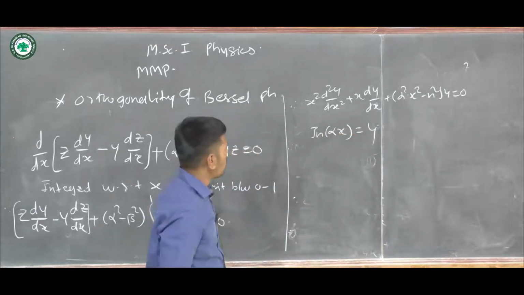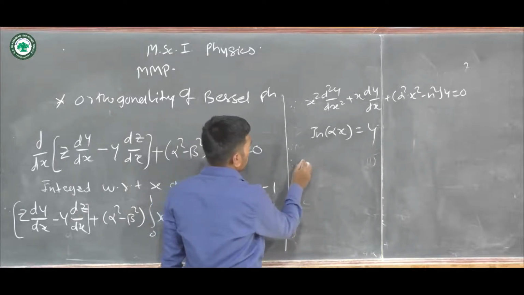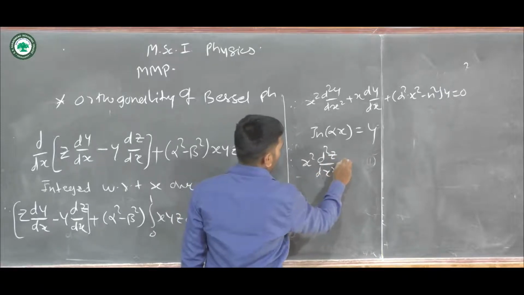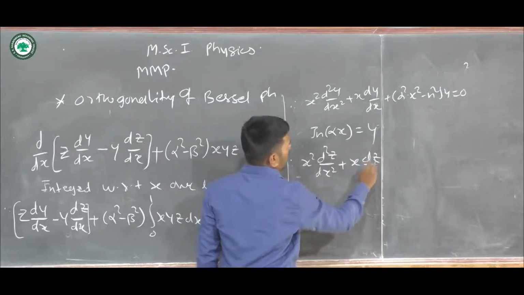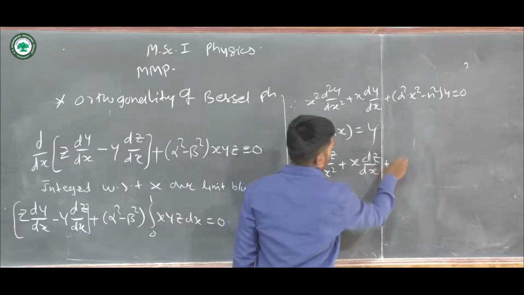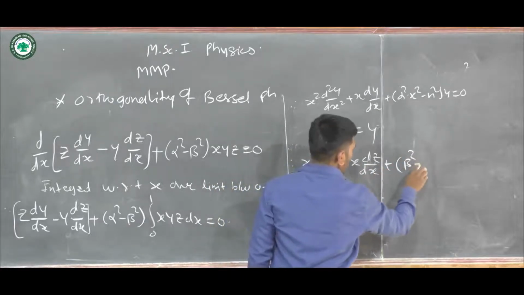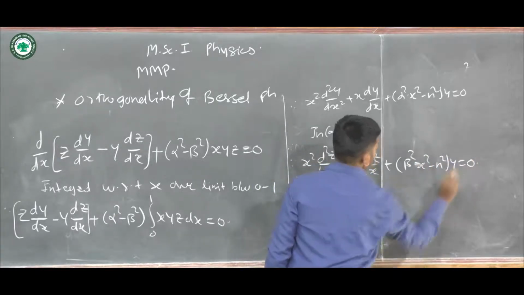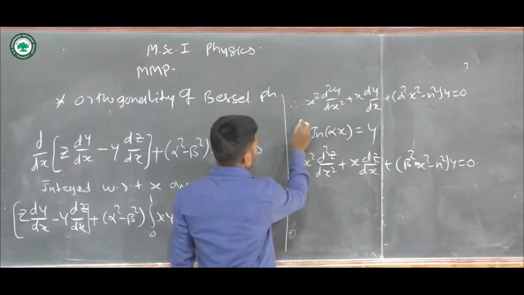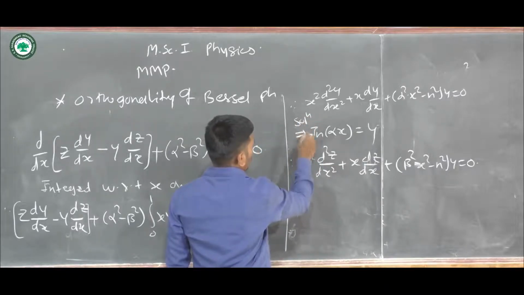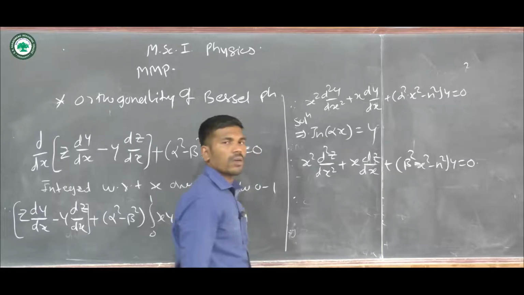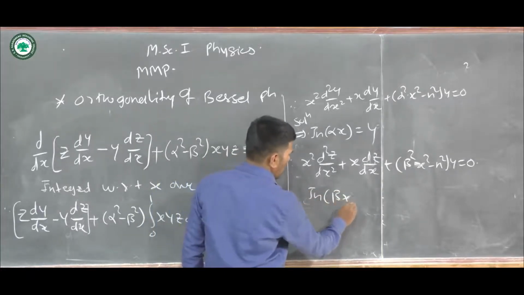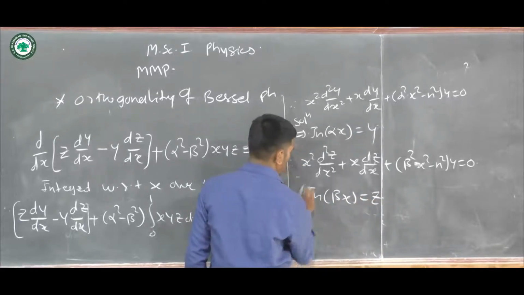Okay, and similarly for the Bessel differential equation x square d square z by dx square plus x dz by dx plus beta square into x square minus n square into z is equal to 0, this is the solution. Okay, and the solution of the second differential equation is jn beta x is equal to z.